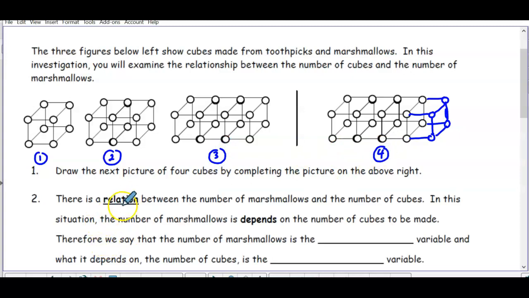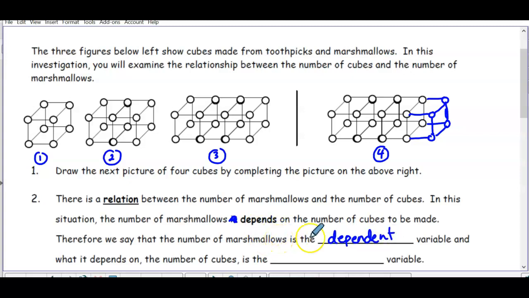So there is a relation between the number of marshmallows and the number of cubes. In this situation, the number of marshmallows depends on the number of cubes to be made. Therefore, we say the number of marshmallows is the dependent variable, because it depends on how many cubes, right?